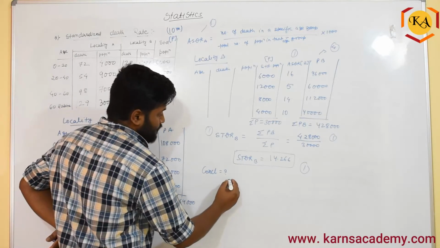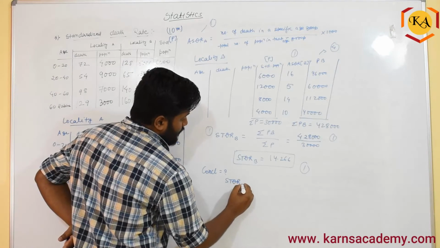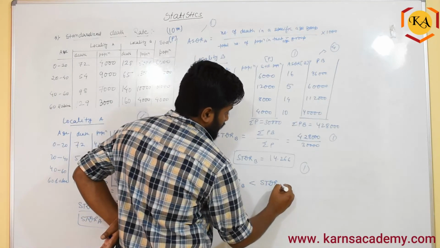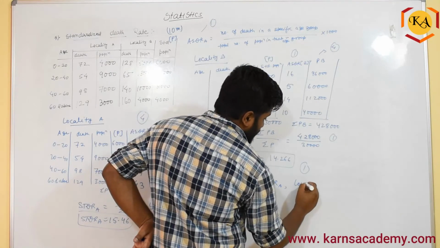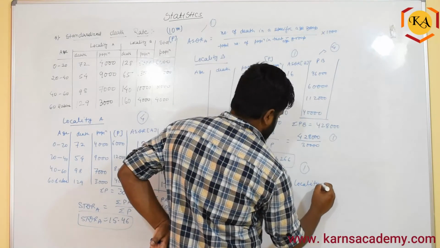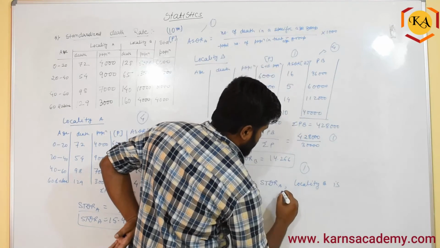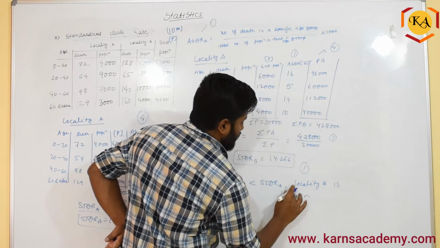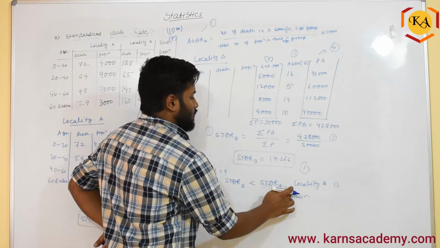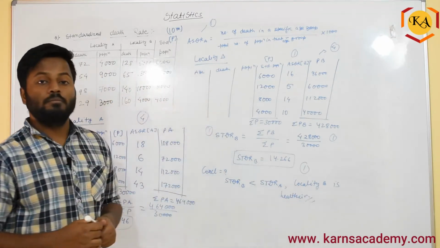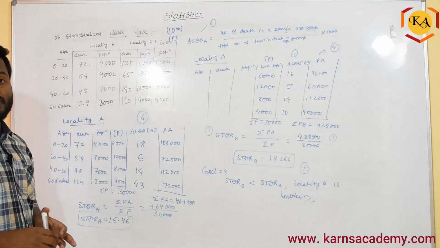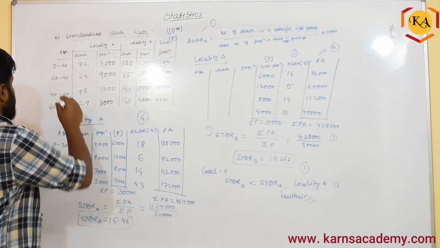So we'll write here STDRB less than STDRA, hence locality B is healthier. Locality B is healthier. So if you do this much, it's going to be your 10 marker compulsory question, question number 37.